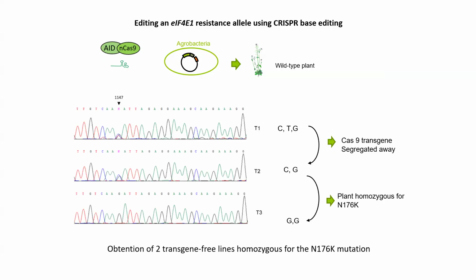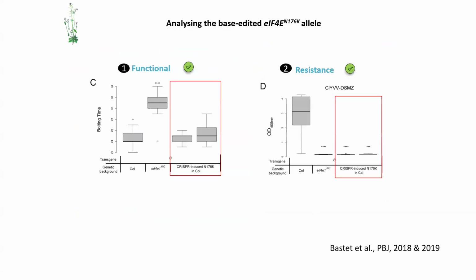It means it's plant with a very precise mutation at the site we're targeting that will induce amino acid changes in the encoded protein. And very briefly, what we can see is that those proteins are functional. So we can see that the plant has no phenotype when we just modify this amino acid in the protein, but also they are very resistant to clover yellow vein virus. So we can achieve this time the trade-off between development and resistance.